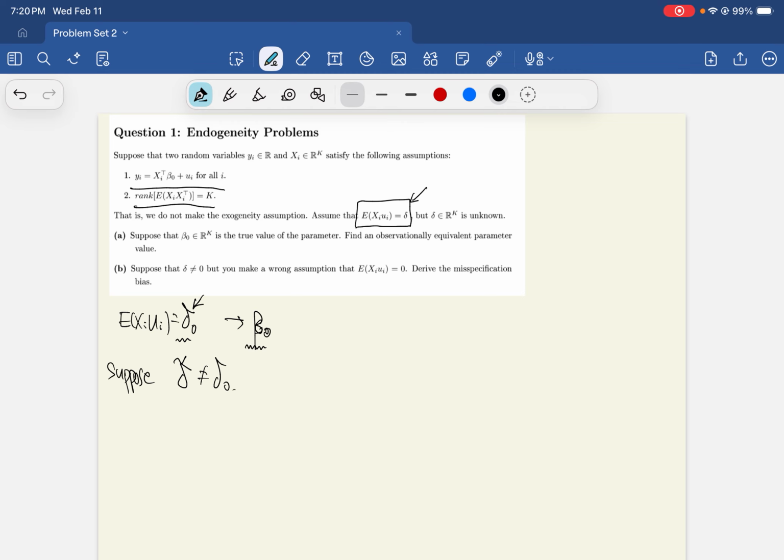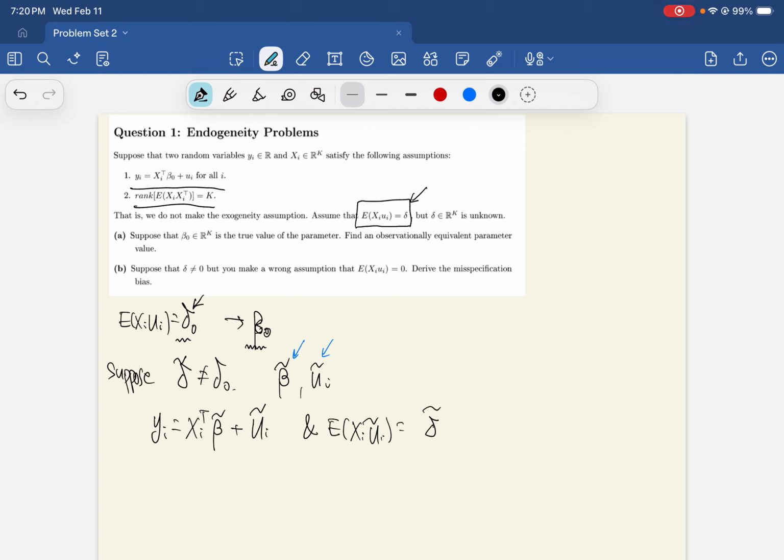And then I am going to define beta tilde and u tilde that satisfy y_i = x_i transpose beta tilde + u_i tilde. I have to choose beta tilde and u tilde in this way, and at the same time the expectation of x_i u_i tilde is delta tilde. Okay, how can we do that?